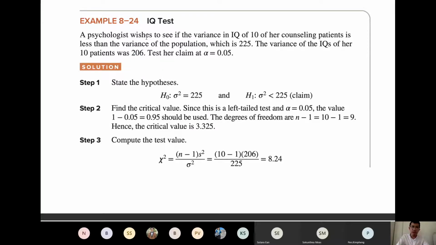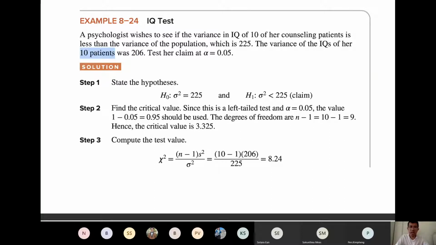So this is how we can use the chi-square test. The variance of the IQ of the 10 patients, actually this is the sample variance, because this is based on the sample.